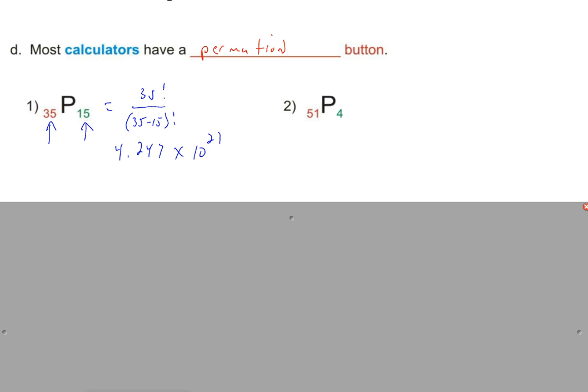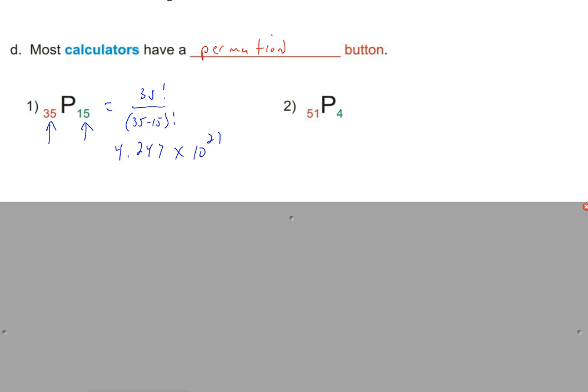And you also have to know how to read your screen when it's in scientific notation. Some of your screens, newer calculators, show you the times 10. Older calculators don't show you the times 10, they just show you the exponent, and they expect you to know scientific notation and to put in the times 10. So it depends on your calculator. Again, newer ones usually show the times 10.